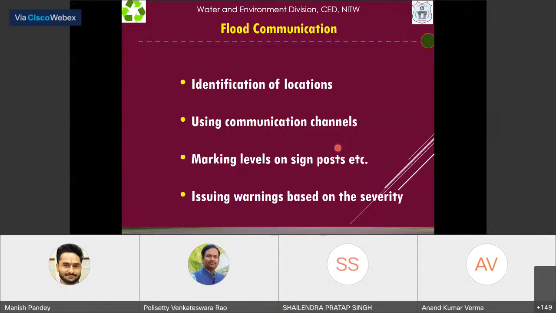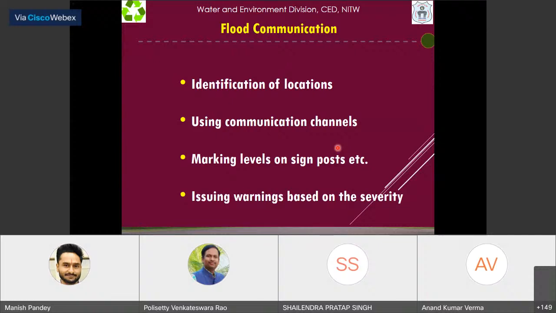As explained by the professors preceding me, there are several models available which can forecast, for a given intensity of rainfall and drainage area, which areas are likely to get flooded, to what extent, and what the possible inundation in that area could be. Based on this modeling and prediction, they come up with a warning system, identifying the critical areas which are likely to get flooded. So that is how we do the identification of locations.